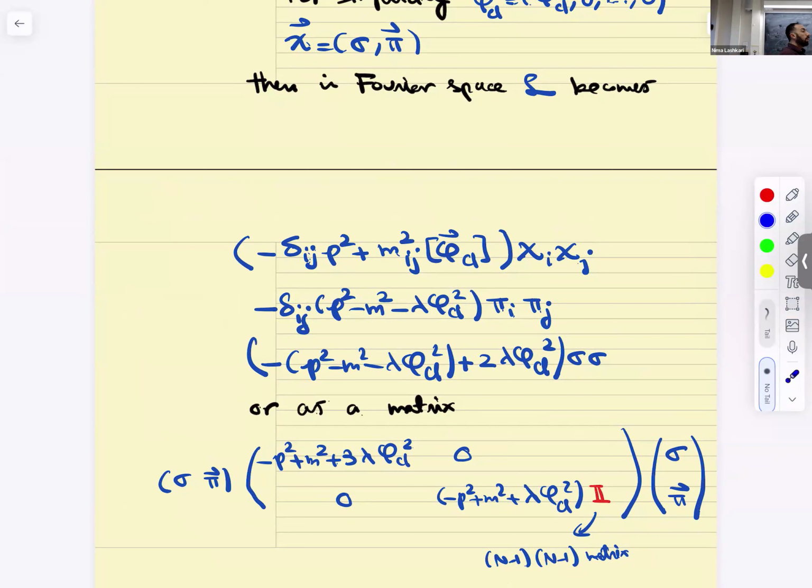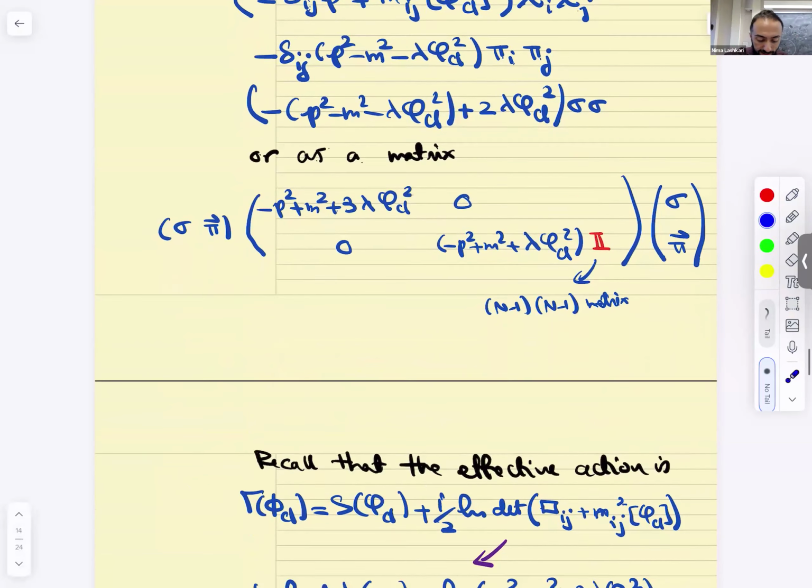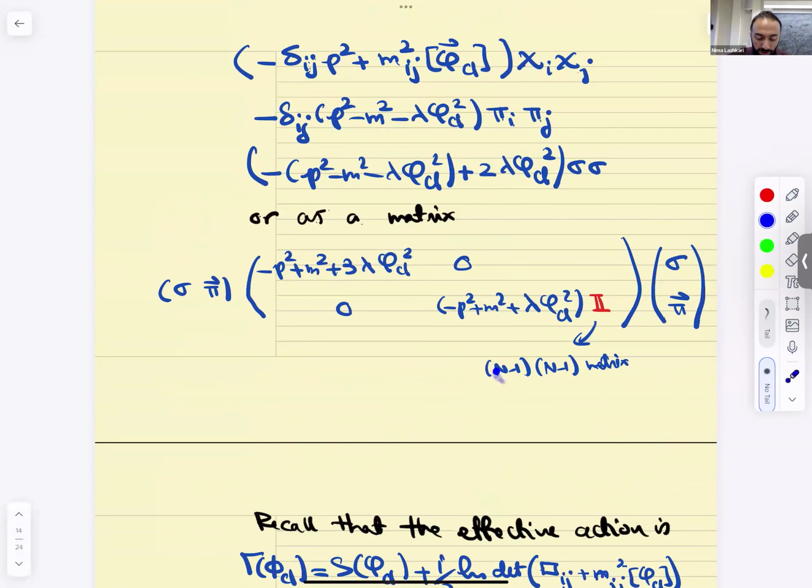So what we did is that we just gave a 1-point function phi classical to the field, we expanded it, and we picked coordinates in the field space. And that gave us the 2 sets of degrees of freedom, propagating with different masses. So this is an n-1 matrix, and this is the other one.